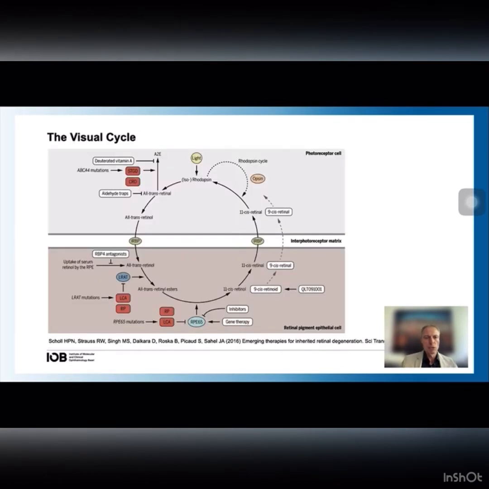This slide shows the visual cycle, a complex process where the visual pigment 11-cis-retinal is regenerated, and this takes place in the photoreceptors shown above and the retinal pigment epithelium shown below. As a side product of the visual cycle, bisretinoids, including A2E, accumulate at the level of the photoreceptors and eventually of the retinal pigment epithelium.